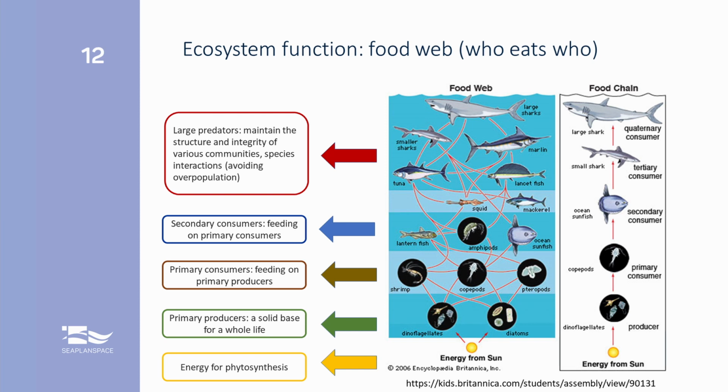Then we have primary consumers feeding on primary producers, secondary consumers feeding on primary consumers, and finally large predators or tertiary consumers, quaternary consumers, which maintain the structure and integrity of various macrobenthic communities and of various species interactions, like for example avoiding overpopulation of a specific component. If any part of this chain is gone, then there is a problem. Eventually, the ecosystem functions can be destroyed until the time they can possibly be rebuilt in a different way.